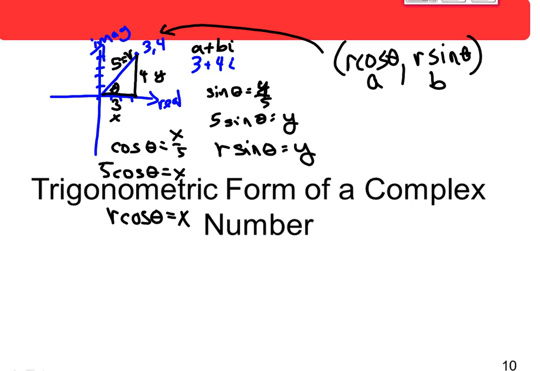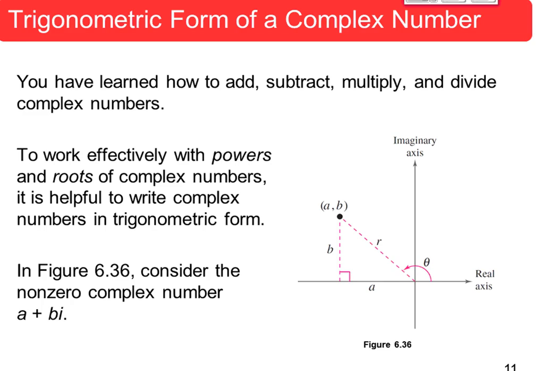So the trigonometric form of a complex number is just going to take this a plus bi that we were talking about a few minutes ago, and this just is in a different quadrant. I like to look at that in that first quadrant right now, but it's the same thing.